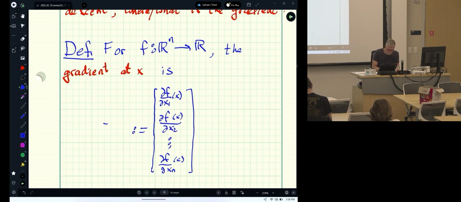This is by definition the gradient of f at x.